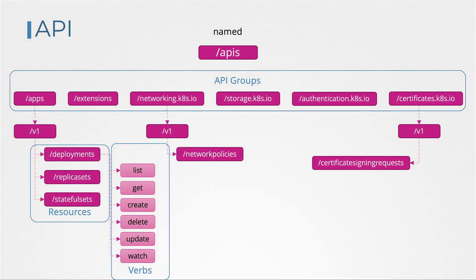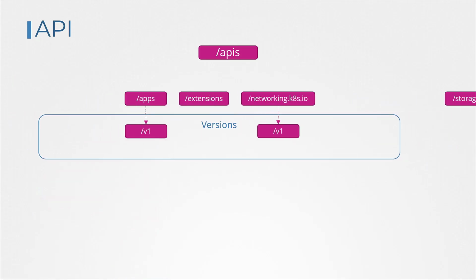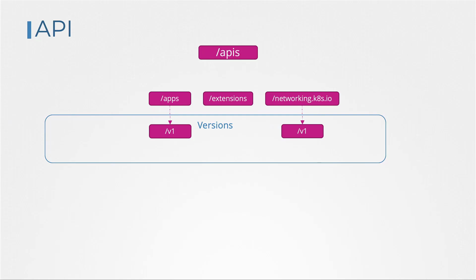We talked about APIs and API groups, resources, and verbs. Now we're going to talk about API versions. We know that everything under APIs are the API groups such as apps, extensions, networking, etc. And each API group has different versions. Now what we see here is the v1 version.